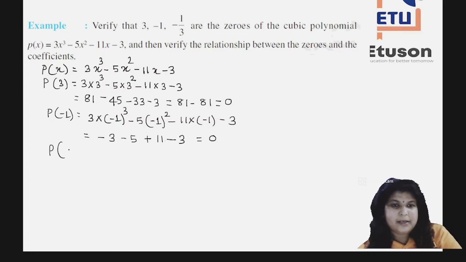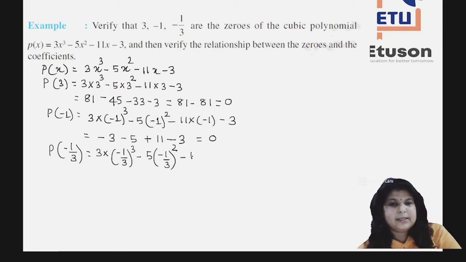Now let us find p of minus 1 by 3. So 3 into minus 1 by 3 whole cube minus 5 into minus 1 by 3 whole square minus 11 into minus 1 by 3 minus 3. So that is equal to how much?